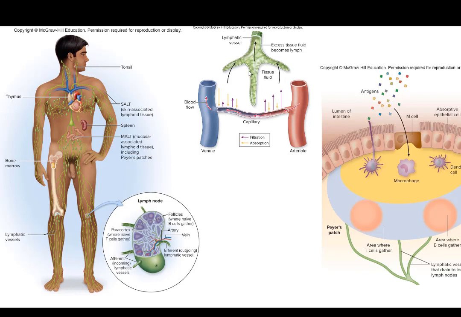Somebody asked me, well, I don't understand the difference between an extracellular bacterium and an intracellular bacterium when we're talking about an antibody response. What I want you to realize is that unless it's living inside the cell, an extracellular bacterial infection will live outside your cells, in between your tissue cells.